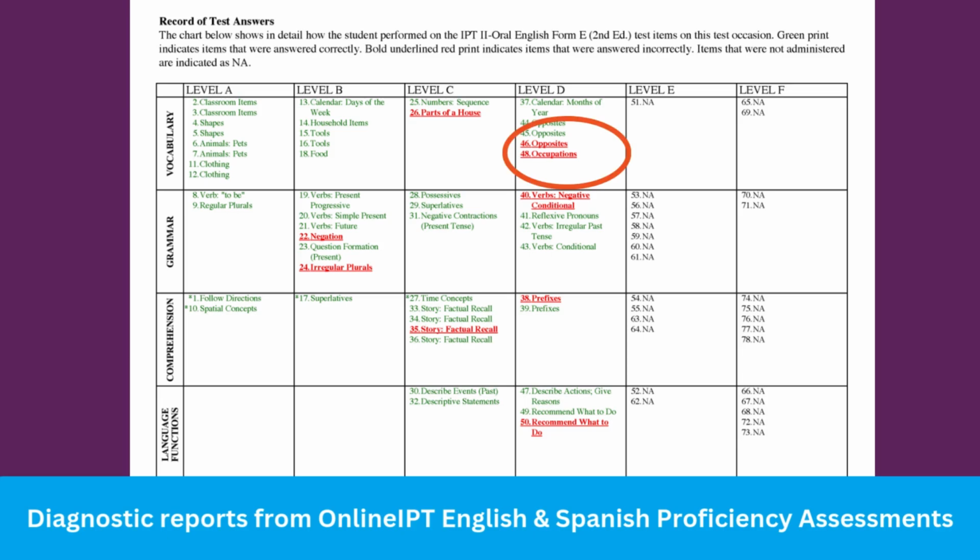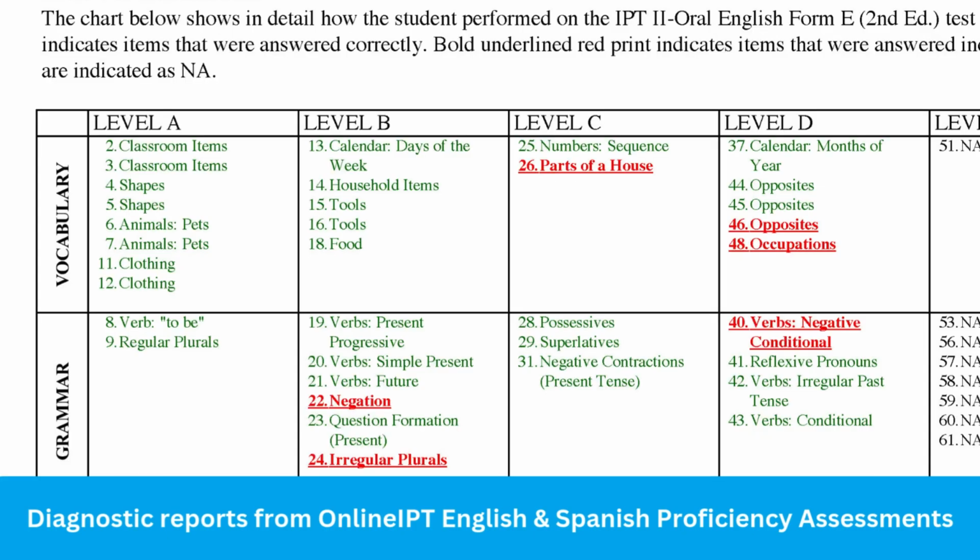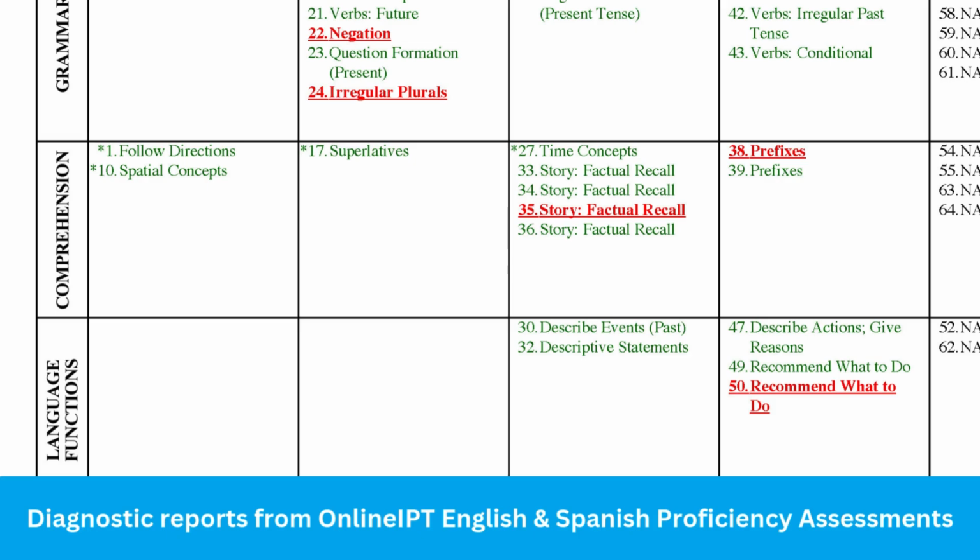But in red, you'll see the students' areas that need some work, like parts of the house under vocabulary, opposites and occupations, under grammar, negation, irregular plurals, and then comprehension, factual recall, and then language functions, maybe recommending what someone else can do.